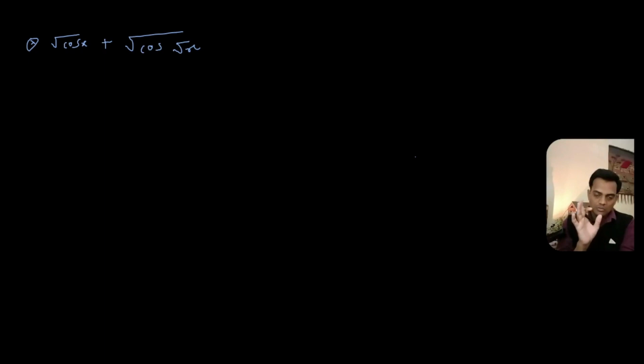Okay, so now the question is given and we have to calculate the derivative of this particular expression. Now it is looking like a complex expression, but this is not the true case. So we have to just equate this expression with y. So I will do that.